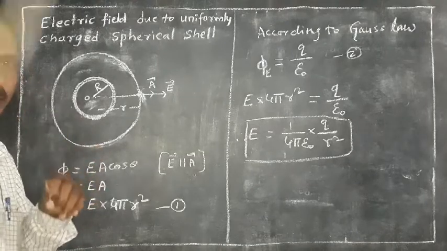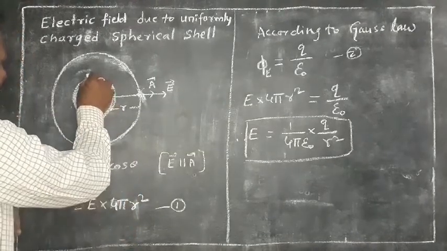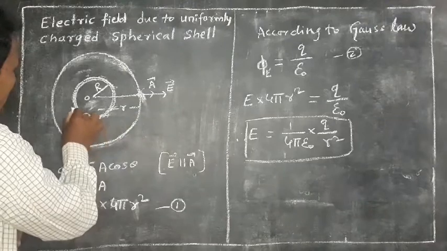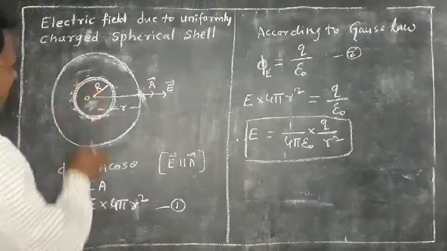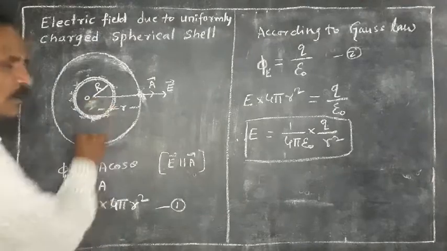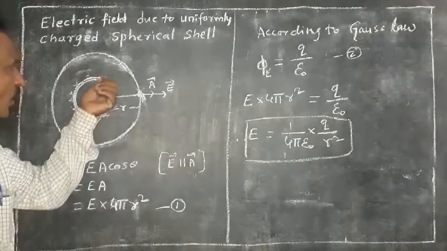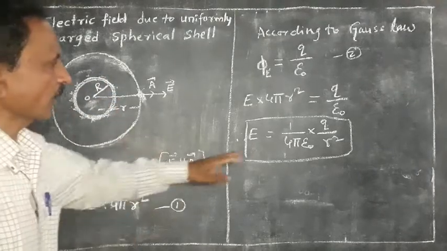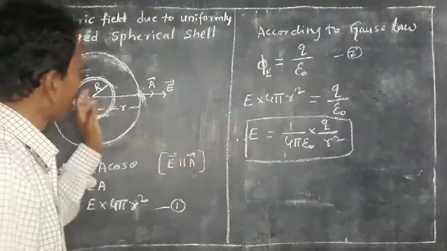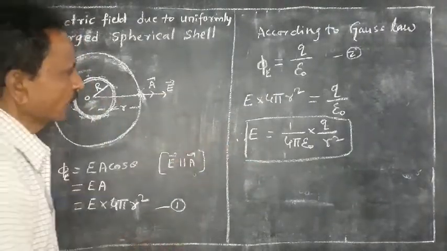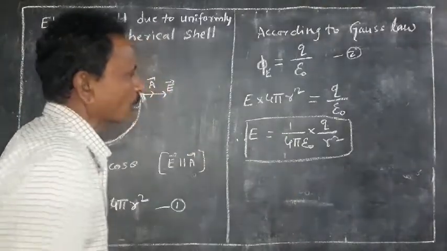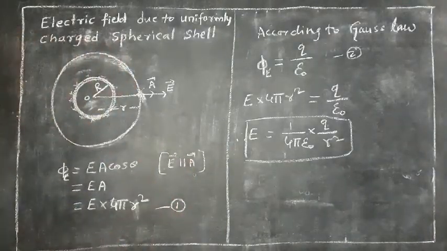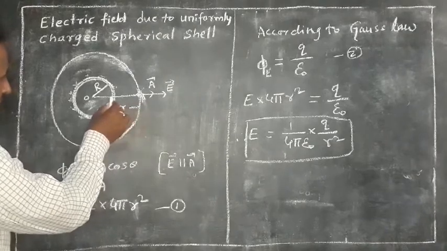Therefore, we assume that the entire charge on the sphere seems to be concentrated at the center of the sphere. Hence, the electric intensity at any point outside the sphere is E equal to 1 upon 4 pi epsilon naught into Q upon r square.